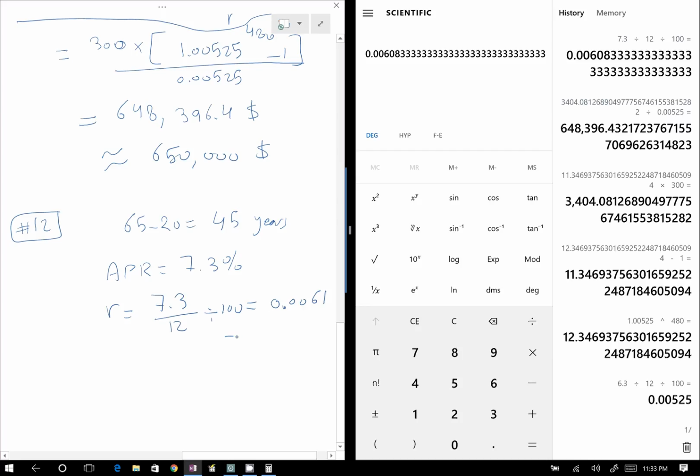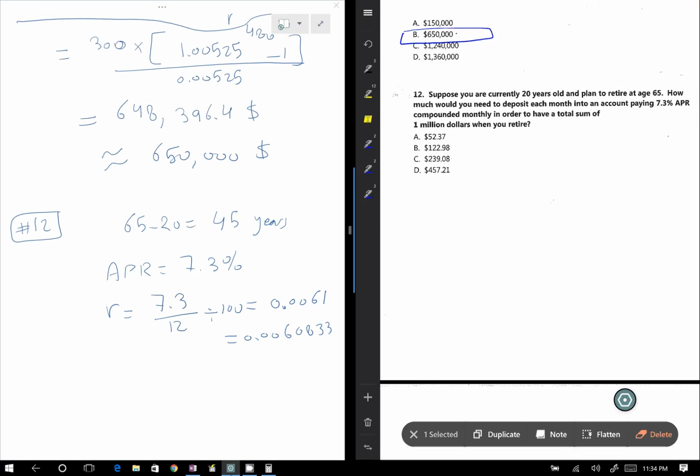I just don't like approximating. 0.0060833. Okay. That's R. That's 45. So you want $1 million. Goal is $1 million.